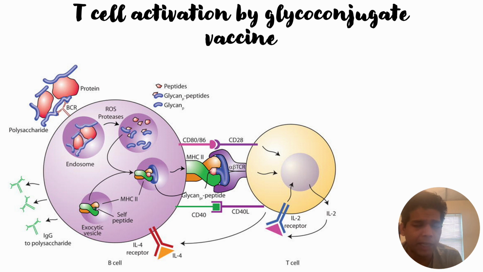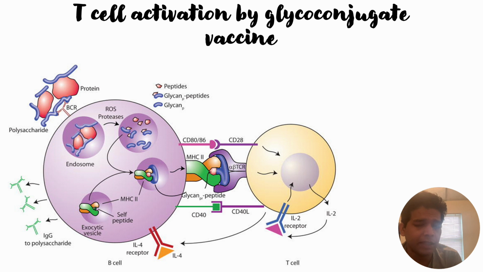This will generate antibodies against the non-self peptide expressed by major histocompatibility complex 2 at the cell surface, and will also lead to the secretion of interleukin 2 and interleukin 4, which act as a cascade effect. The interleukin 2 receptors interact with the interleukin 2 cytokines secreted by the T cells, which exaggerates the activation process of the T cells.